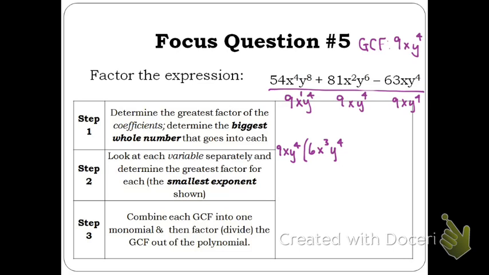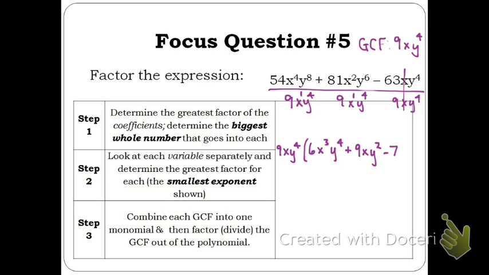81 divided by 9 in the next term, we have plus 9. X squared divided by x is x to the 1st, or just 9x. And then y to the 6th divided by y to the 4th is y squared. Now for minus 63 divided by 9, that would be minus 7.